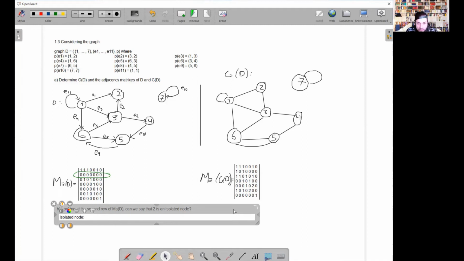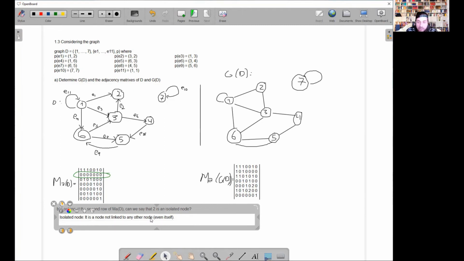An isolated node is not linked to any other node, even itself. Right, so it's a node that is not linked to any other node, even itself. It's not even linked to itself.